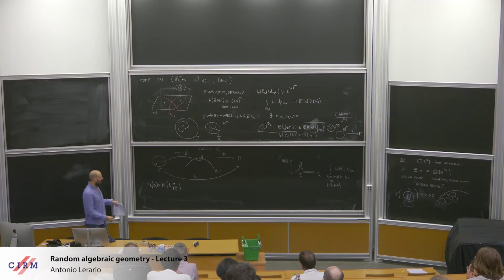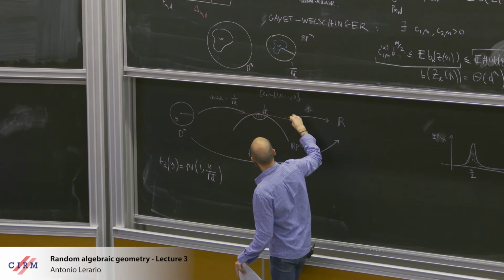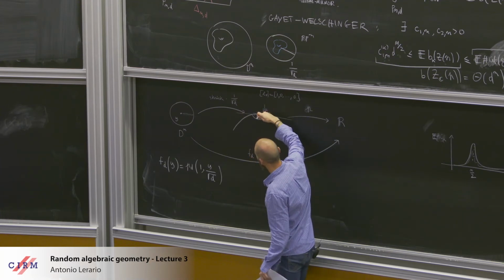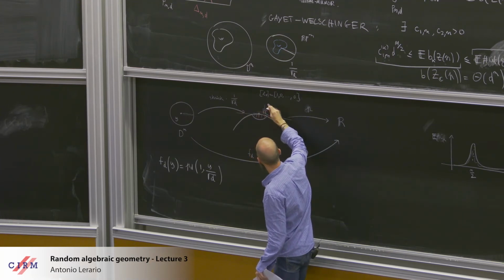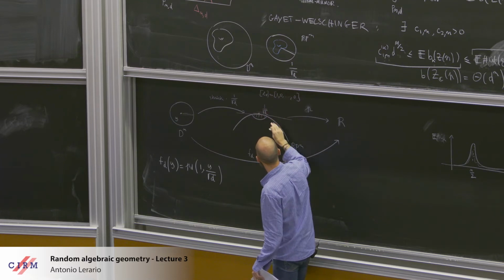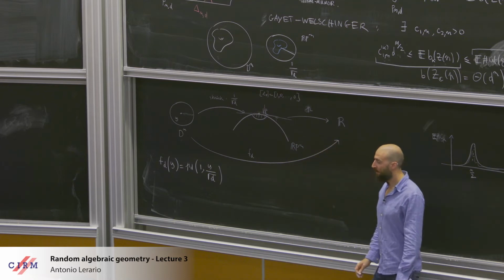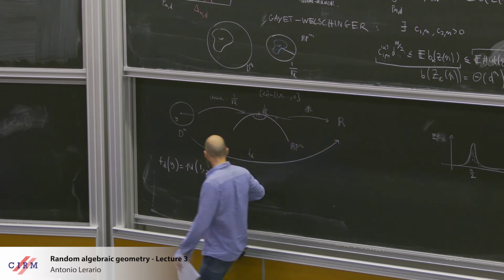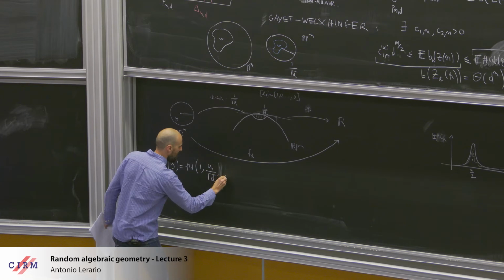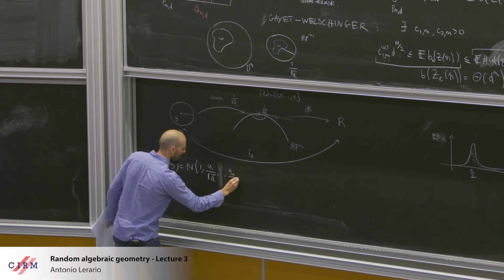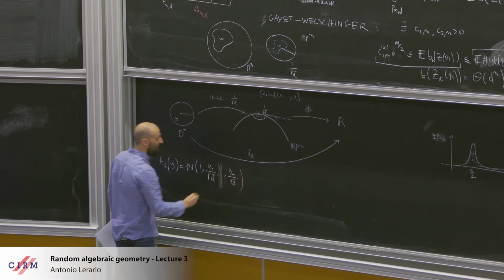I'm just restricting my polynomial essentially, using the parametrization nearby in the projective space, maybe just projecting on the tangent space. This is really what we are doing.